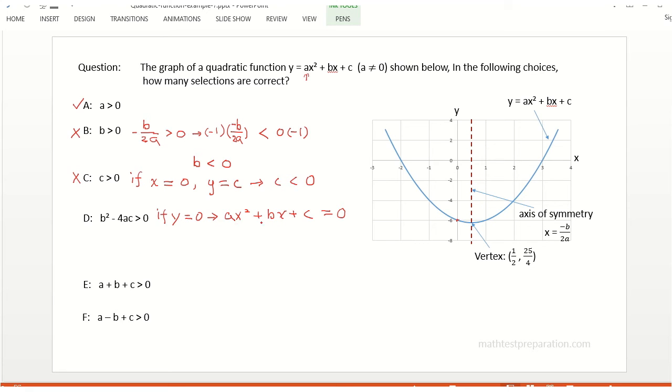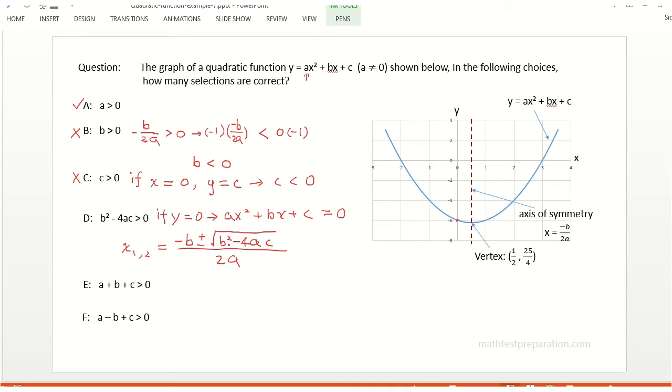The solution of this equation is x1 or x2 equals negative b plus or minus the square root of b squared minus 4ac, all over 2a.